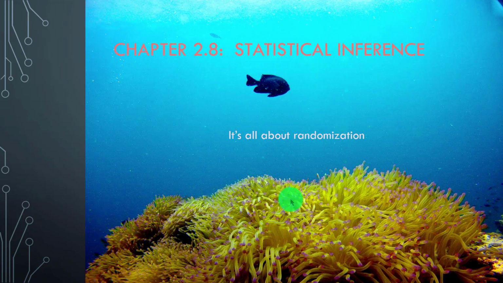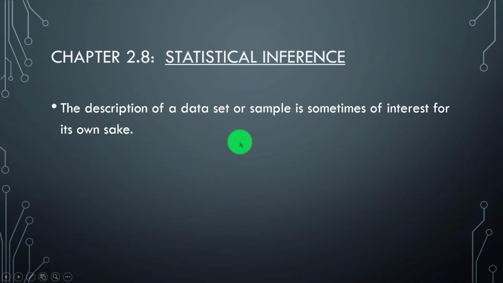To infer is generally to draw conclusions, and this needs to be based off of some sort of procedure in statistics. Let's talk about that. And well, here's the hint. It's all about randomization. Learning about a population is achieved through sampling. Learning about the sample in and of itself is of value and sometimes all that is of interest.